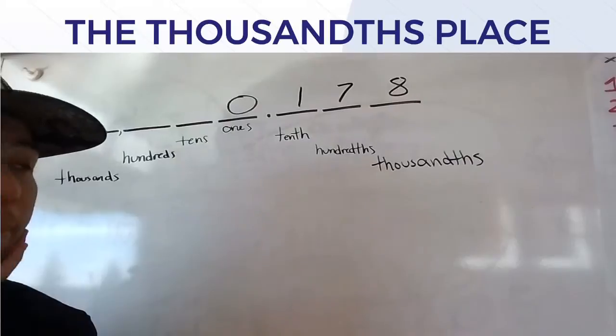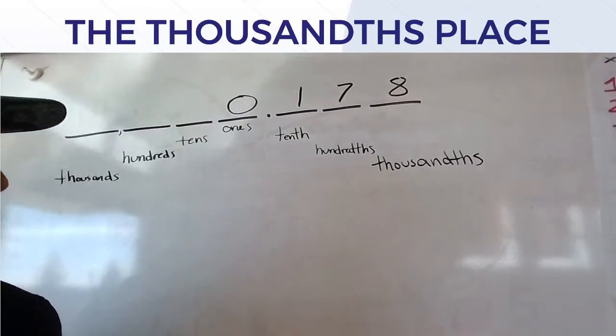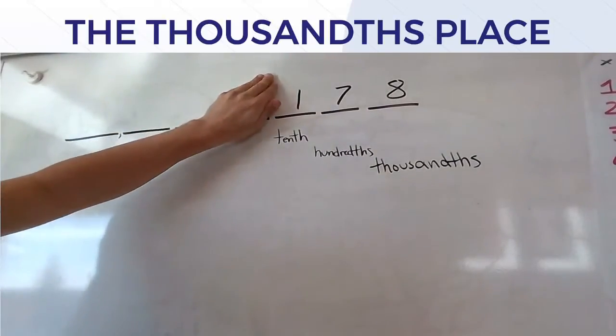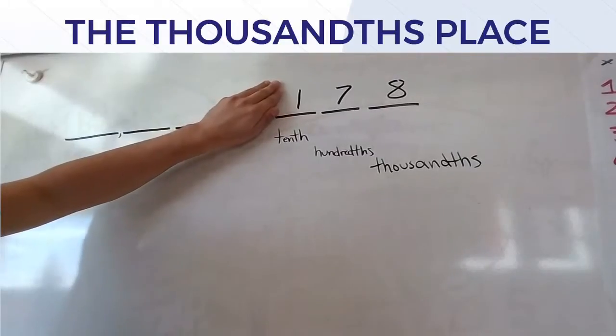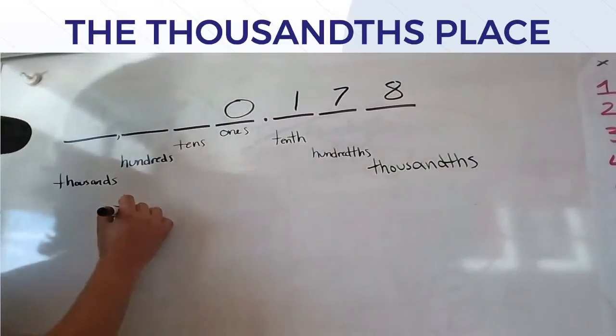First step, look at the total number, not the whole number, but the complete set of digits to the right of the decimal point. If it was a whole number, what would we call it? 178. There you go.